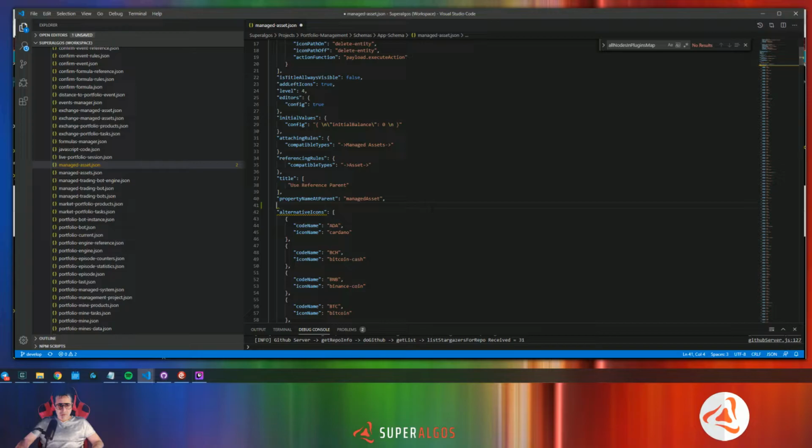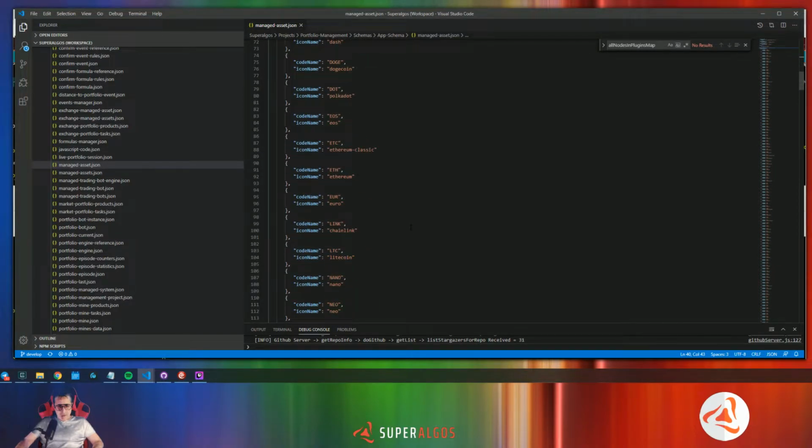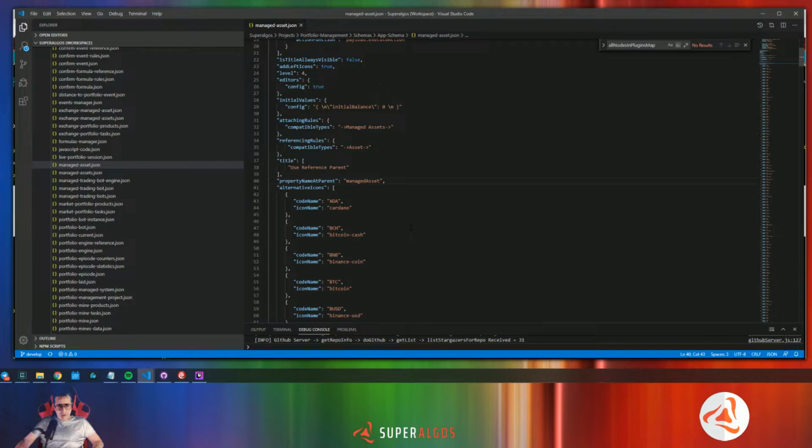Oh, this is incorrect because this is based on the code name of its own node.